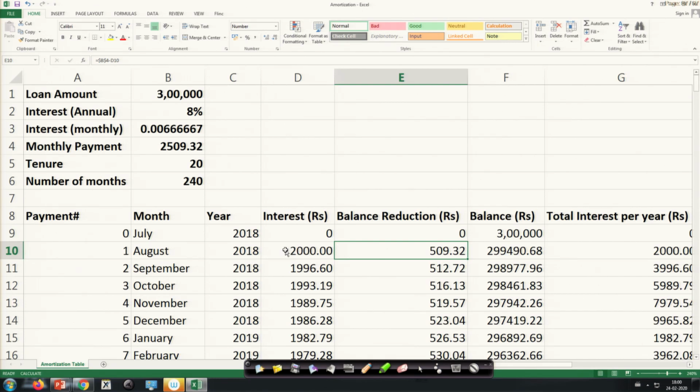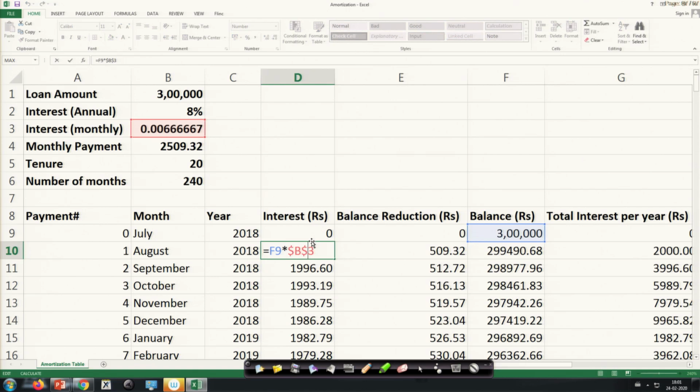So, basically this 2000 is the interest charged on the due loan account. So, loan account here is 3 lakh rupees, loan interest charges is 0.006666. So, this amount has been calculated using this principal amount into the percentage of interest charged on that loan overdue.